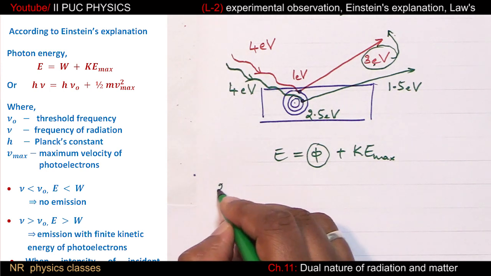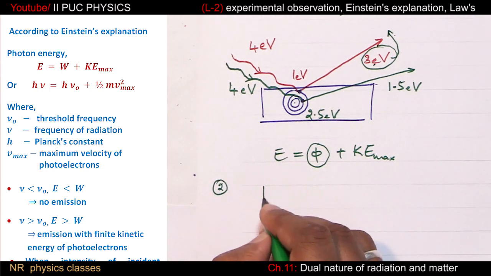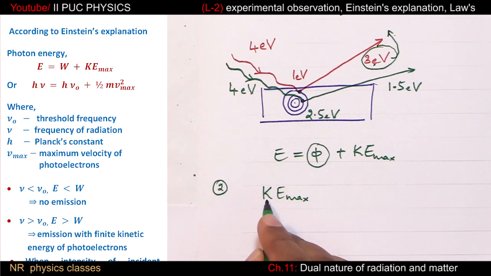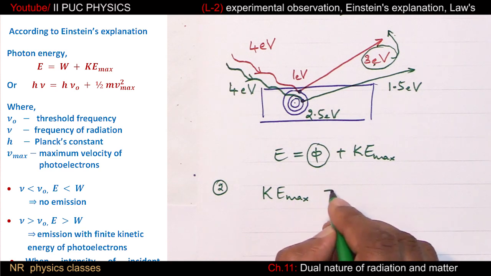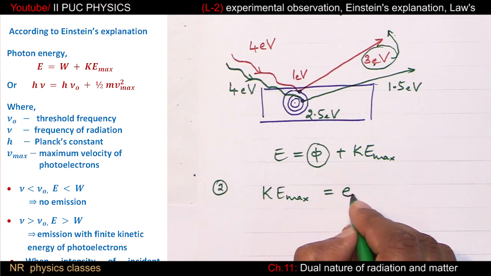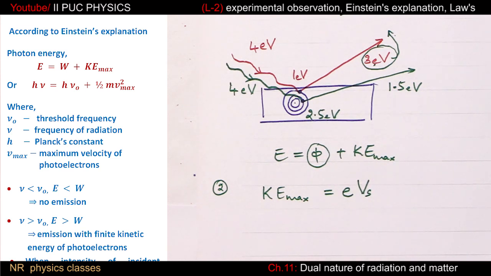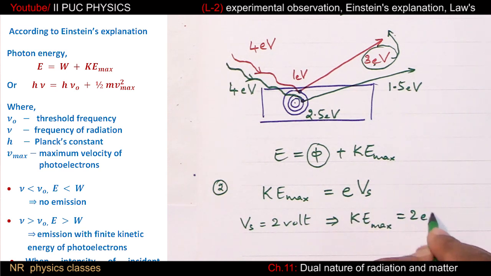Now, second point: maximum kinetic energy of photoelectrons equals charge of an electron times stopping potential. If stopping potential is 2 volt, then maximum kinetic energy is 2 eV.